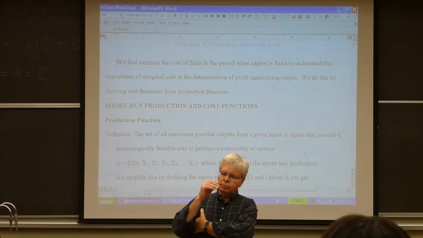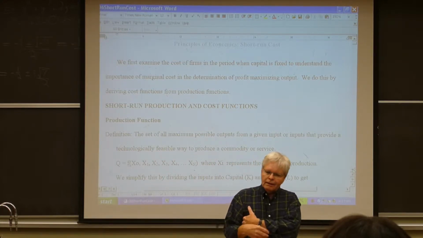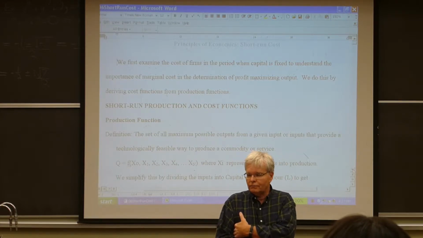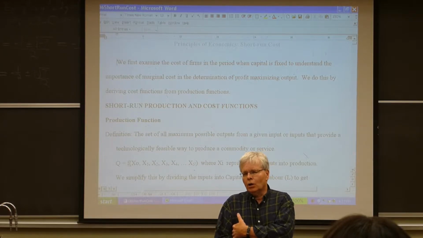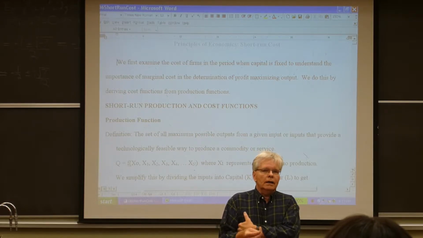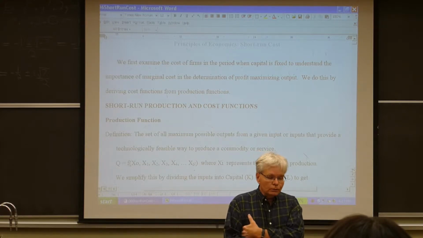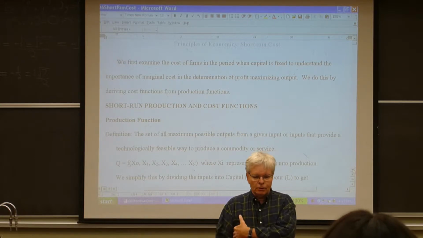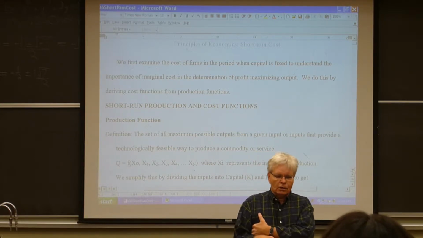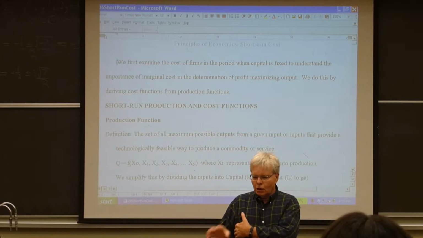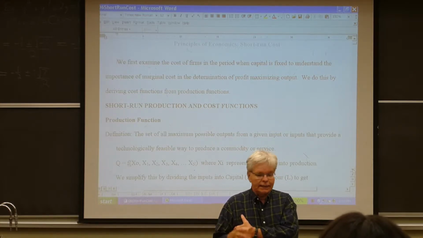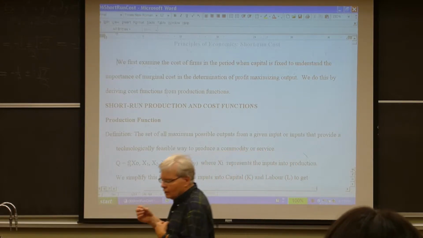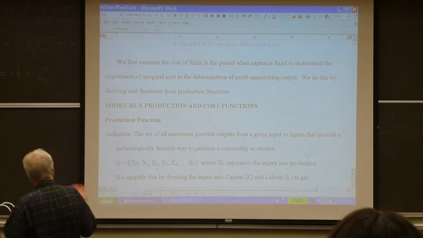So if I want to produce some cotton cloth, for example, I need yarn, I need labor, I need fuel to run the machines, I need a machine to weave this stuff, I need a building so these people aren't rained on, I probably need some little carts so you can move the yarn in and move the cloth out, I need some lighting. These are all inputs into the production of cloth, right? So formally, that's all it is.